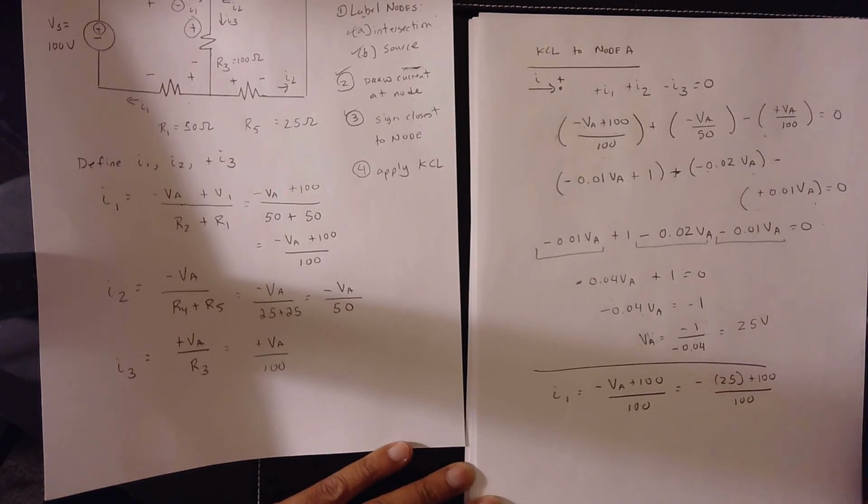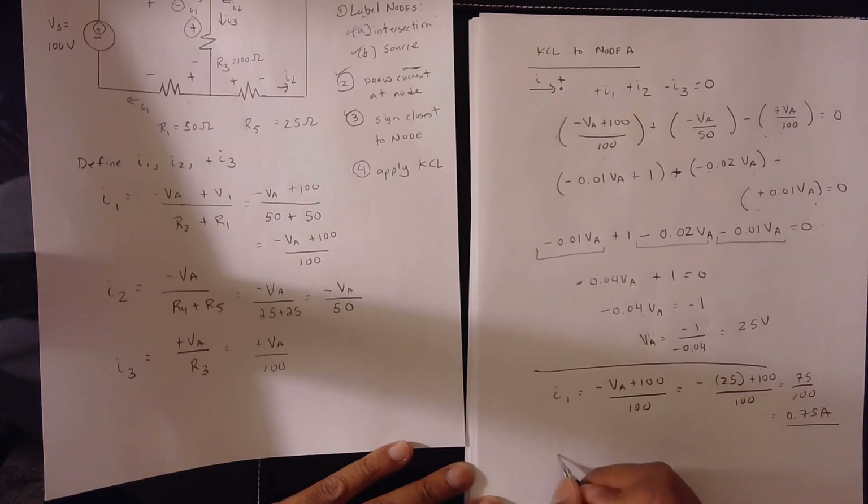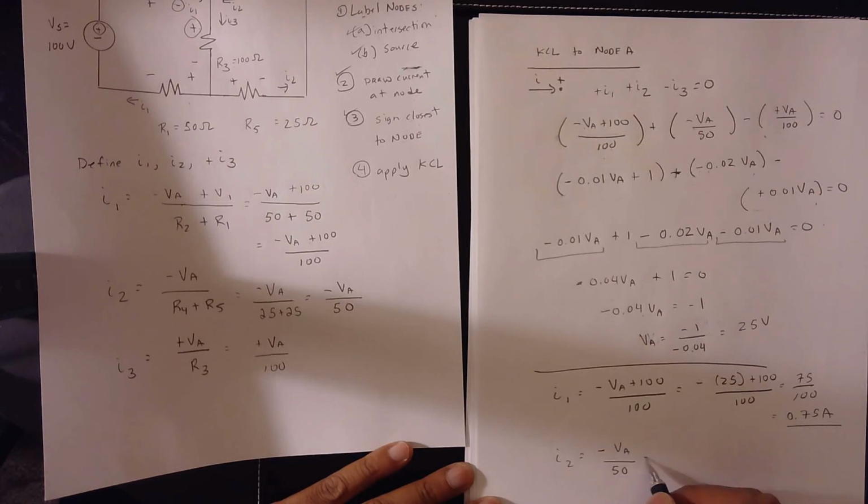So that's 75 over 100, which is 0.75 amps. I2 is minus VA over 50. So it's minus 25 over 50, which is minus 0.5 amps. And I'm going to explain what minus means in a minute.